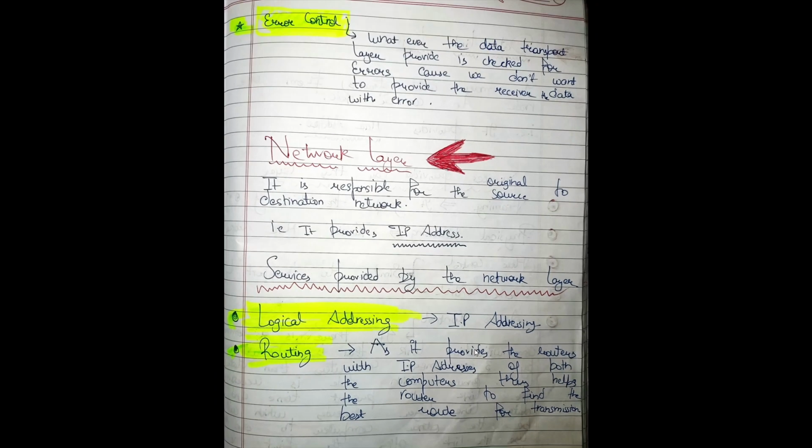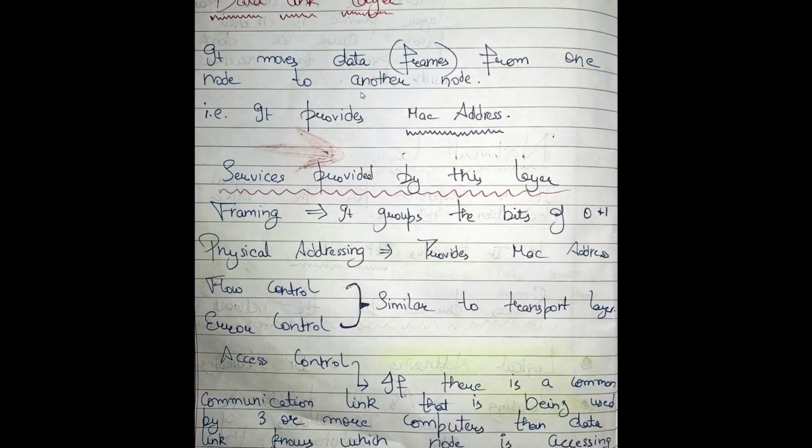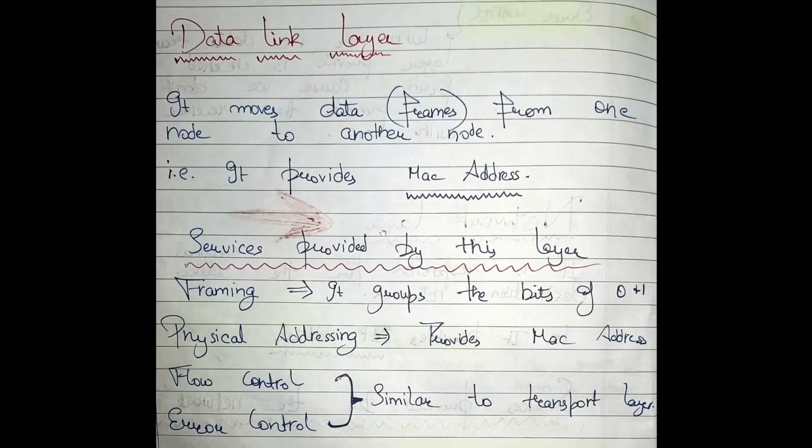All right. Now at last, the second last layer, the data link layer. What does the data link layer do? It moves data frames from one node to another node. Whatever the upper layers have provided, this layer makes frames of them and then moves those frames from one node to another. It provides the MAC address.